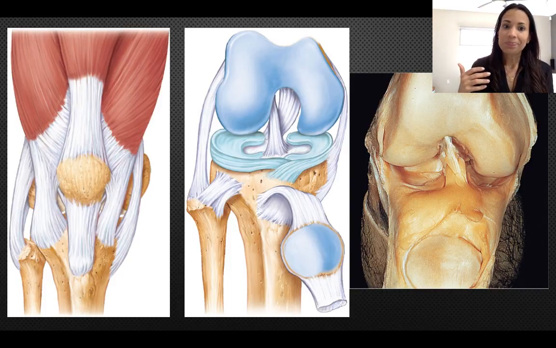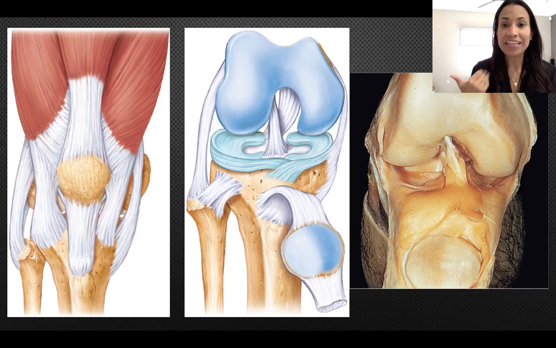Now, inside the capsule we're going to find a lot of things. Not only intracapsular ligaments, but also pieces of fibrocartilage, the meniscus, or the menisci.